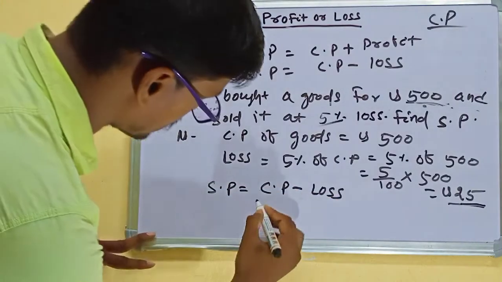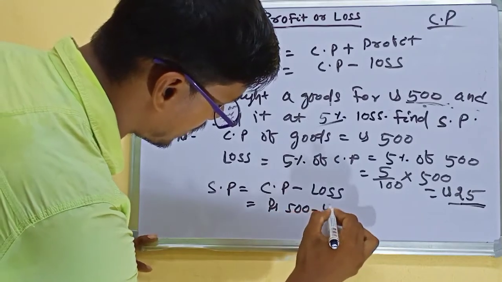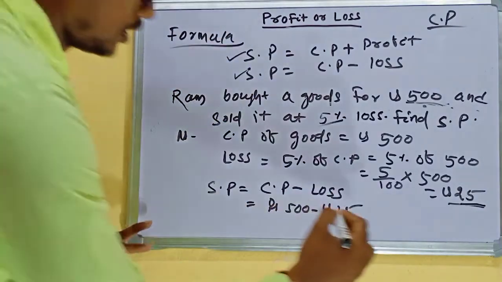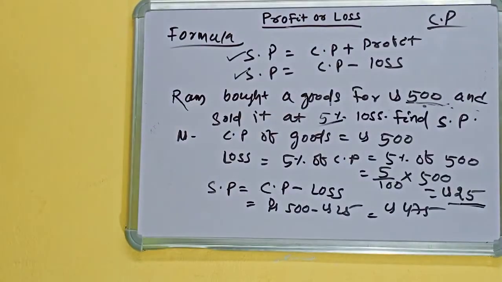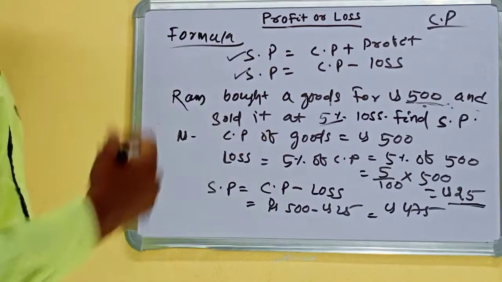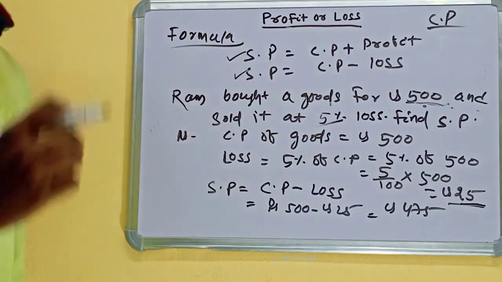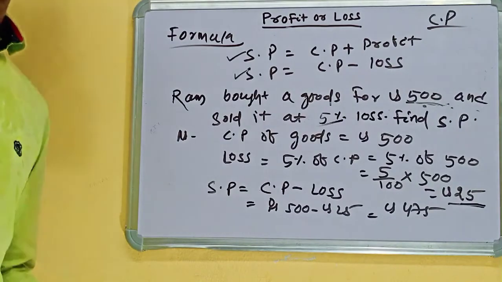CP is 500 minus 25, which is equal to 475. Then selling price of goods is rupees 475. In this way, we calculate the selling price of goods where cost price and profit or loss percentage are available in the question.